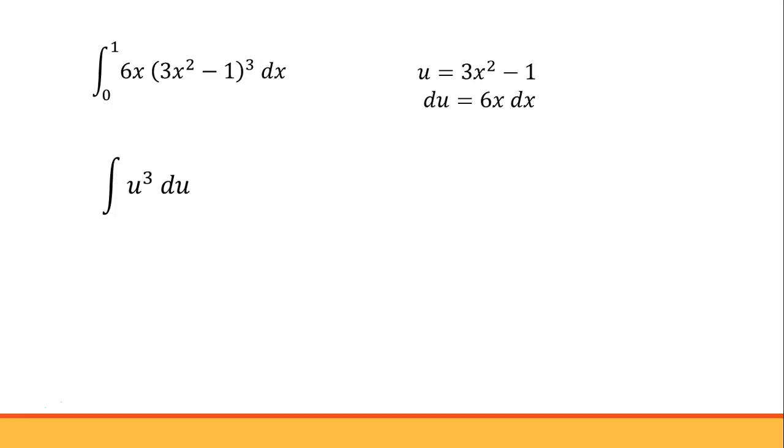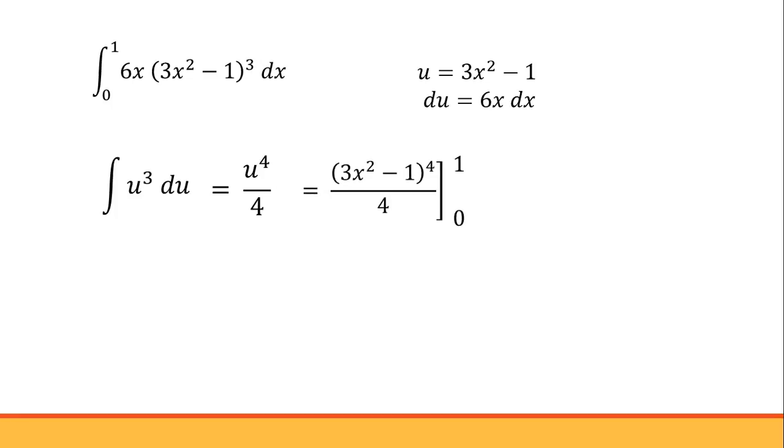So let's go ahead and do the integration. So the integral of u to the third is u to the fourth over 4. Now, if it's an indefinite integral, yes, we would have a plus c, but remember, what we're going to do is back substitute, so we'll have our variable x back again, and then we'll be able to evaluate. So we're not going to worry about the plus c. But we do want to go back to our original variable.